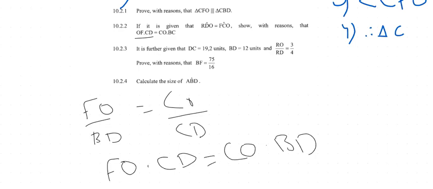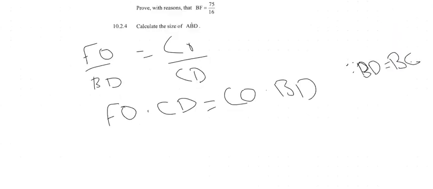BD equals BC, sides opposite equal angles. So FO dot CD equals CO dot BC. Since BD equals BC, we can also write it like that.